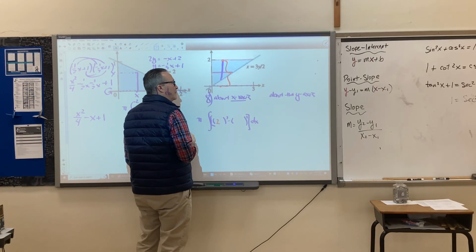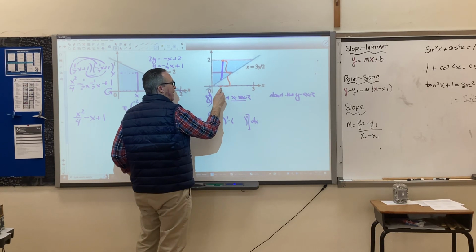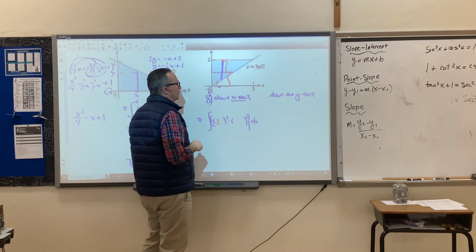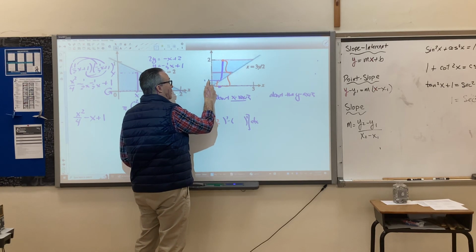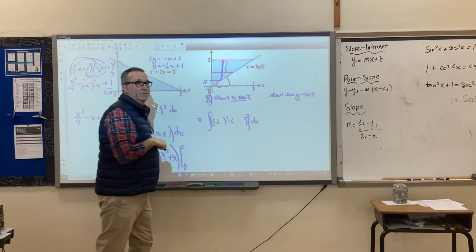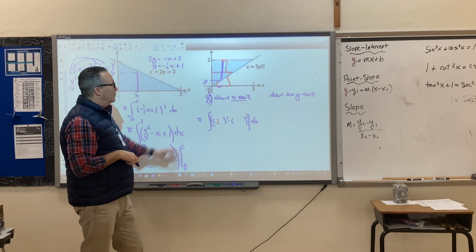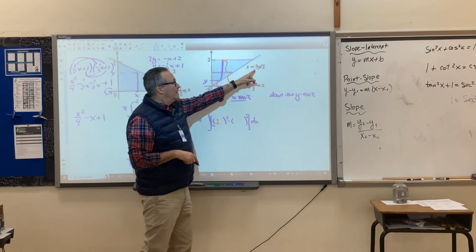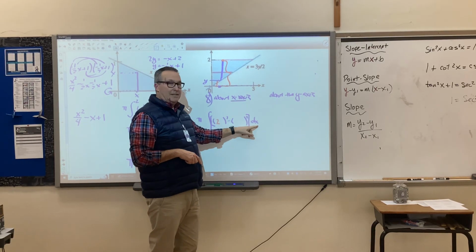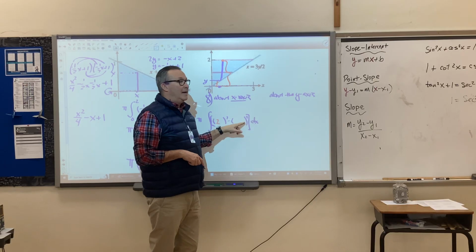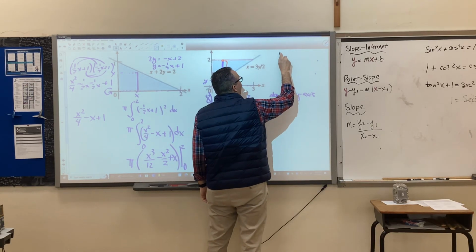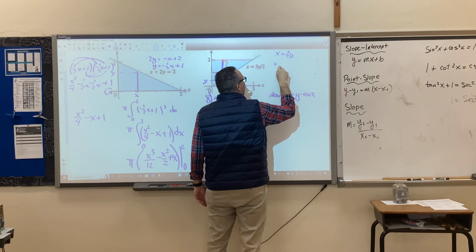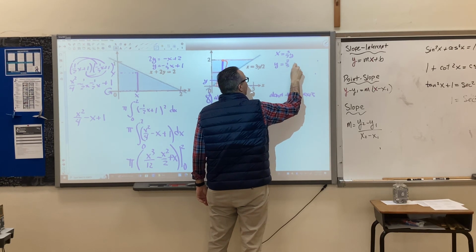And then the small radius is the distance from the axis of revolution to the closest part of the rectangle. That's this distance, which is another y value, but it has to be in terms of x. So if x is 3 halves y, then y is 2 thirds x.